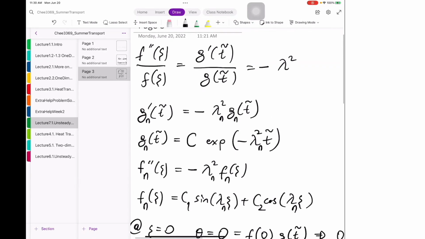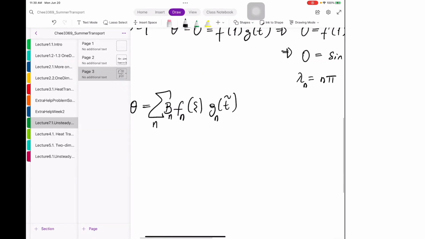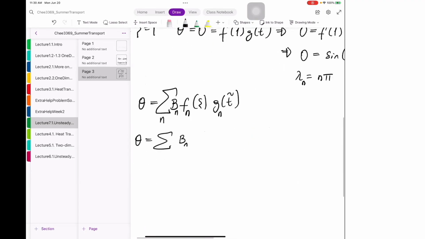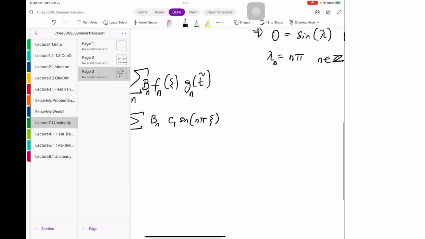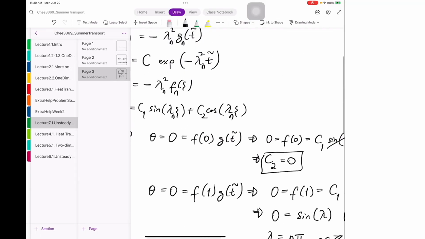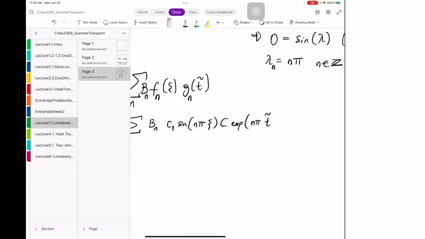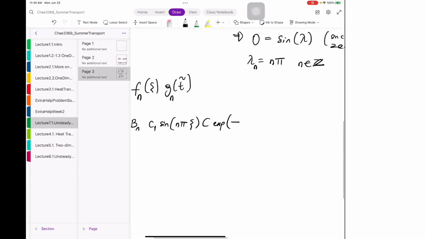Okay, good. If I write down the solution for f n and g n that we found earlier, I find the following. f n is nothing but C1 times sine lambda n psi, and lambda n is n pi, times the g, which is just some constant C times exponential of minus lambda squared, minus n pi squared t tilde. There you go.